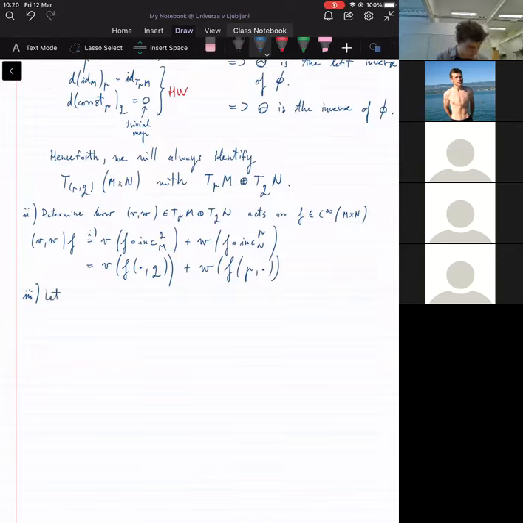For the last part of this exercise, let g be a smooth map between manifolds. This is in the abstract sense, right? So Q is also a smooth manifold.